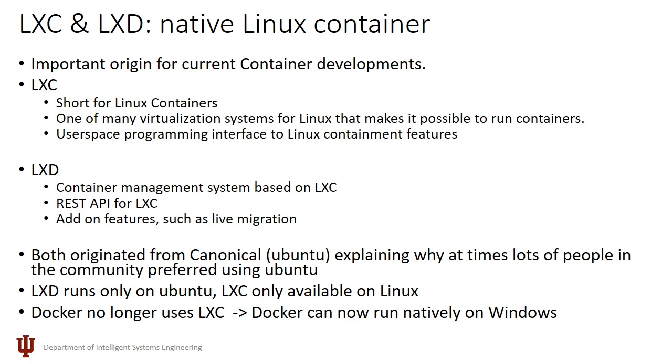It's really one of many virtualization systems for Linux, but that has really made it possible to run containers. It provides a user space programming interface to the Linux containment features that we just explained before. And so instead of having to redesign and rework all this stuff to manage a container, they've written a wonderful library that you can use in order to make that container management possible.